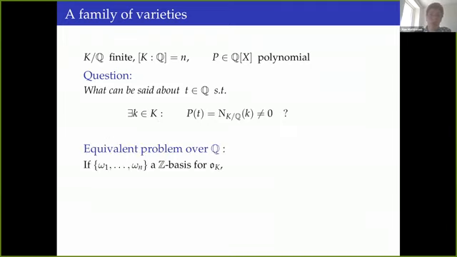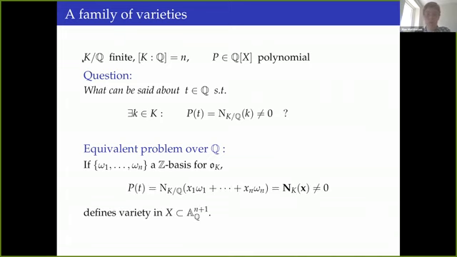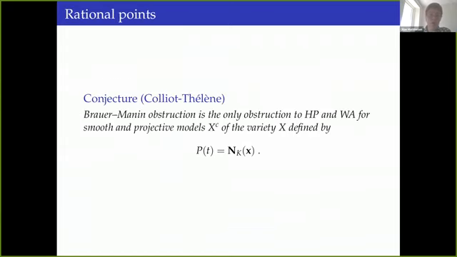If you choose a basis for k over Q, you can reformulate this problem as one concerning the set of rational points on a variety that is described by the equation: the polynomial is equal to a norm form attached to the field extension k over Q. And for such varieties, Colliot-Thélène has conjectured what a solution to the Hasse problem should look like.